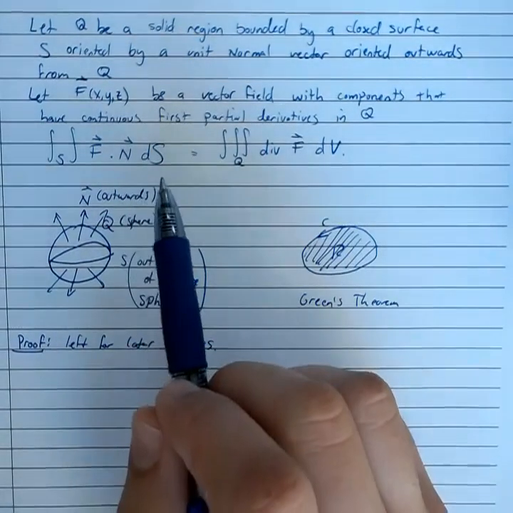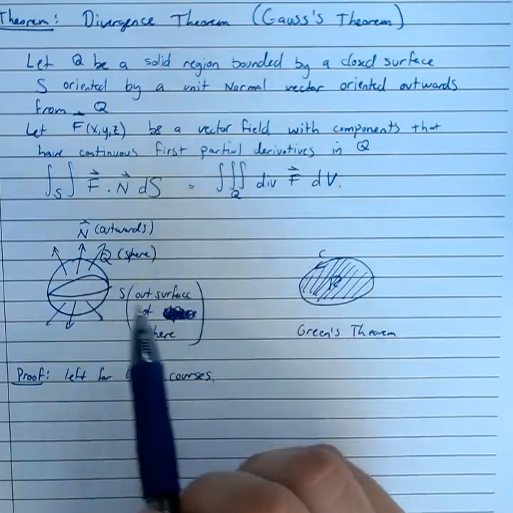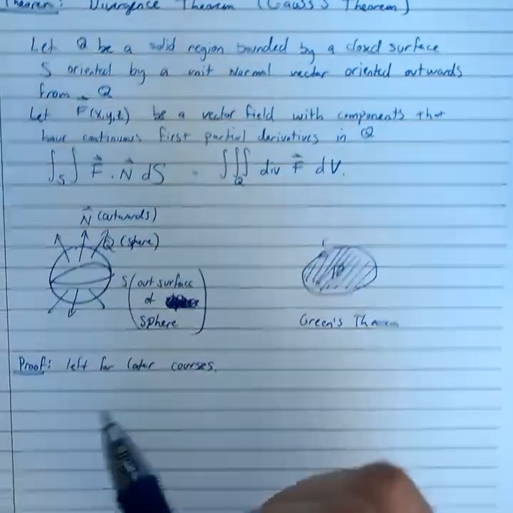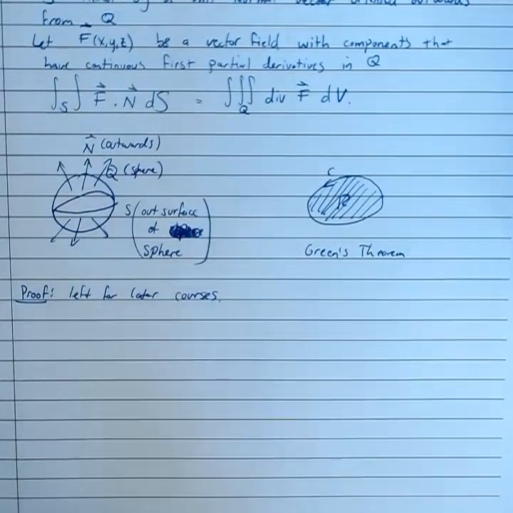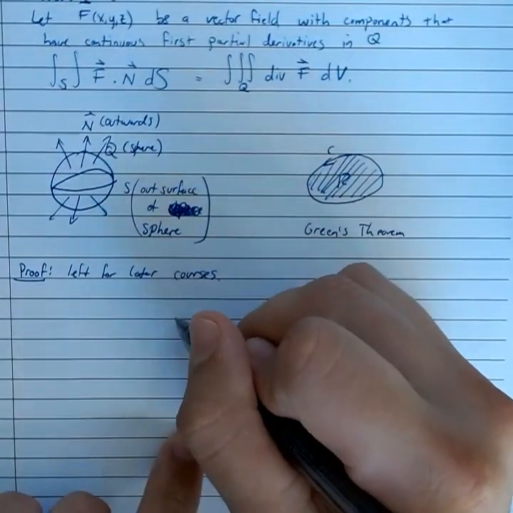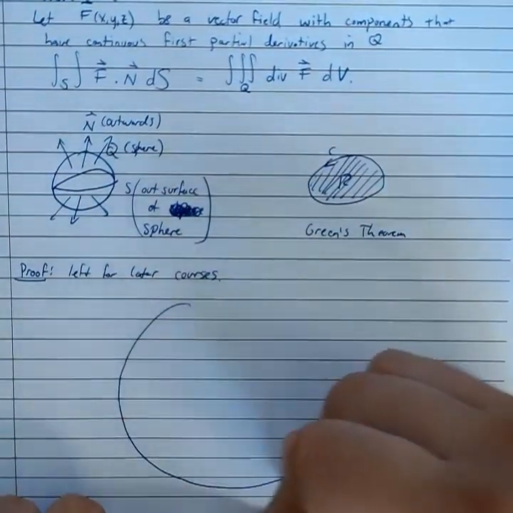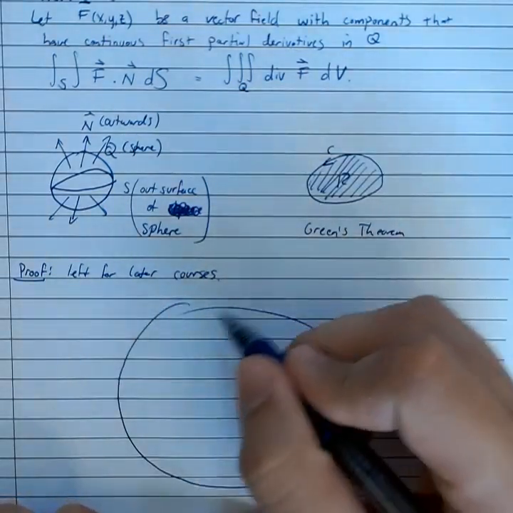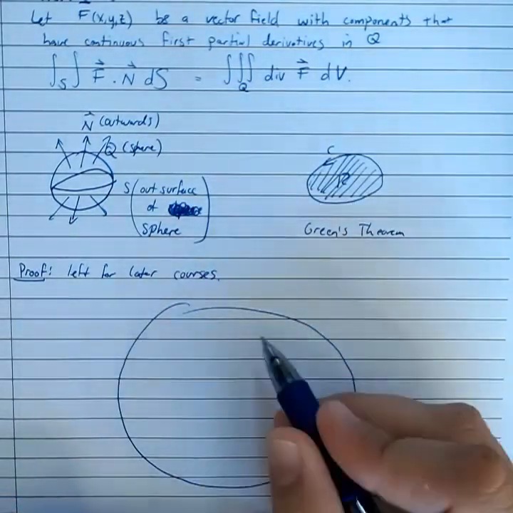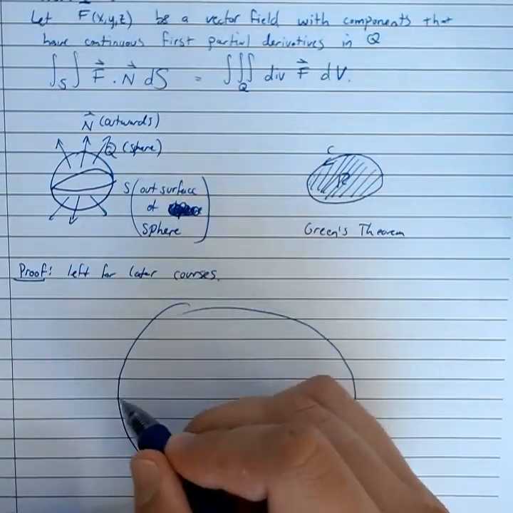Even though we are not going to prove this, we can still at least talk about why this should be true. We can give a little intuition, talk about what this means. Imagine you have a solid region, so inside of here every point is included.